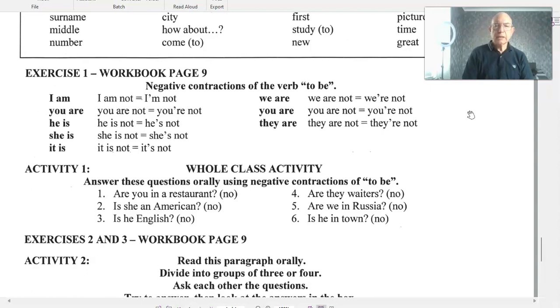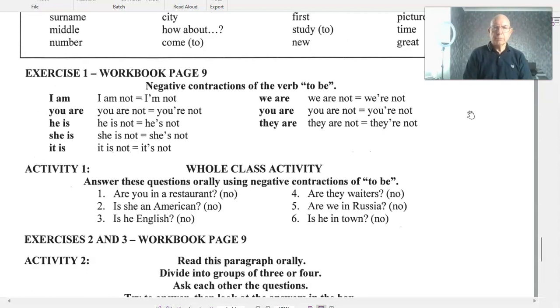But they are showing the negative. So I am not, you would shorten to I'm not. Going down, you are not, then you would shorten to you're not. He is not, shorten to he's not. She is not, shorten to she's not. It is not, shorten to it's not.